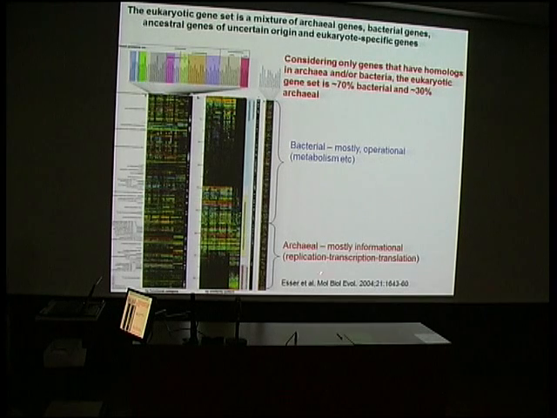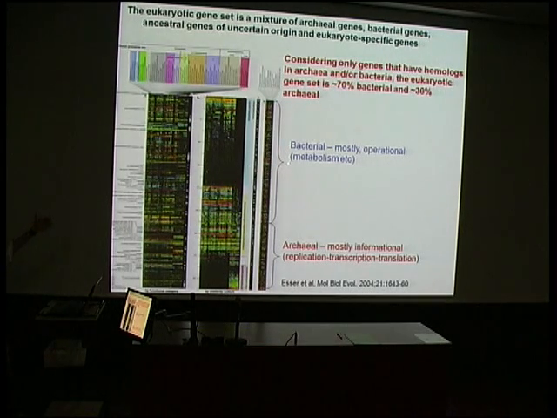And this comes from the work of my long-term collaborator Bill Martin and his lab, done several years ago. You can see graphically here this group of genes of apparent archaeal origin right here, and this group of genes of apparent bacterial origin.